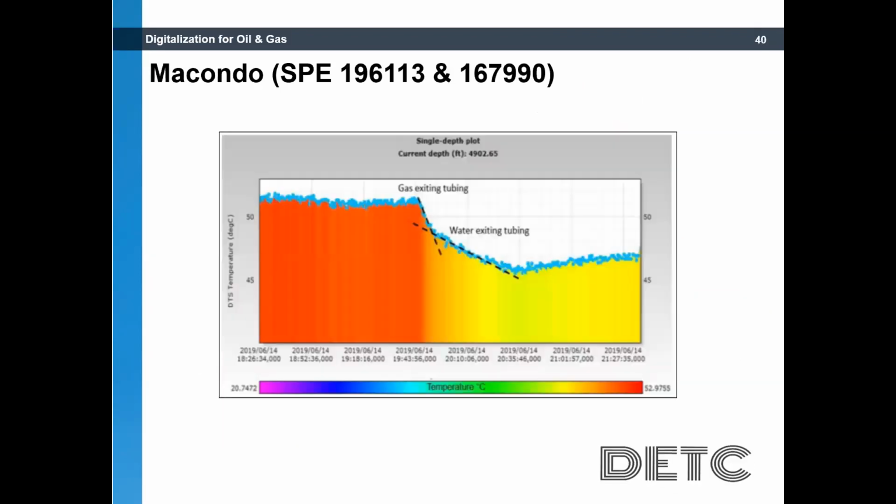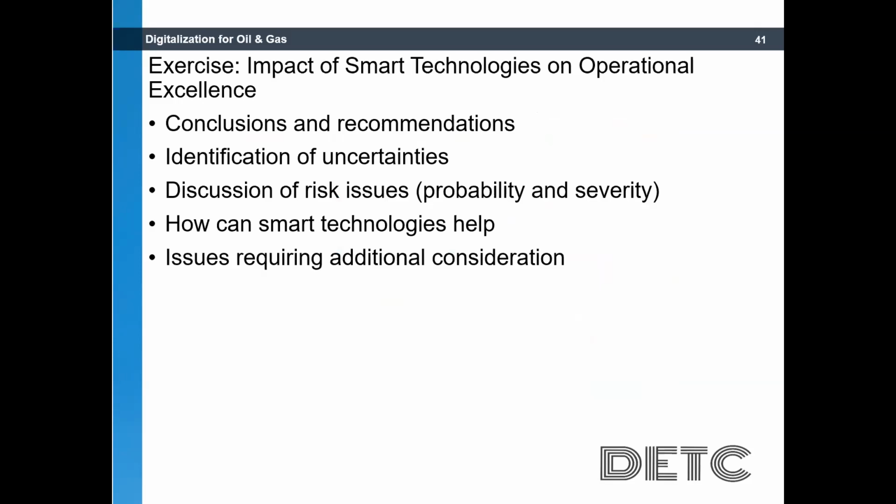because there is an exercise about it that shows the impact of these smart technologies.